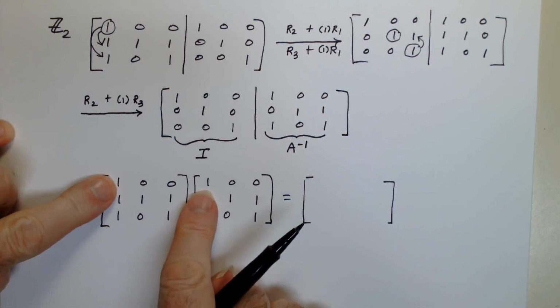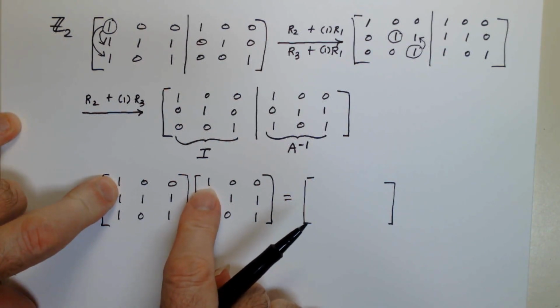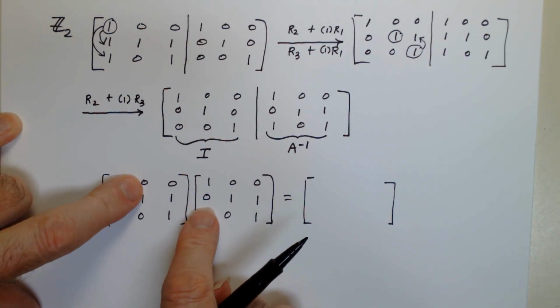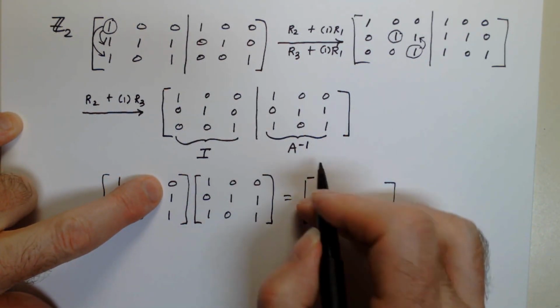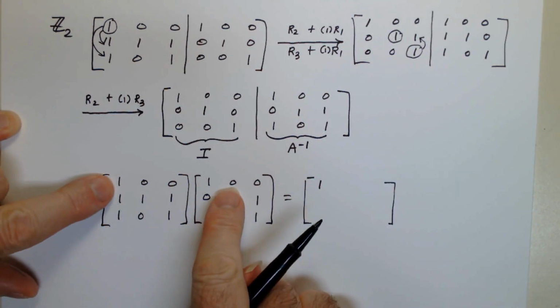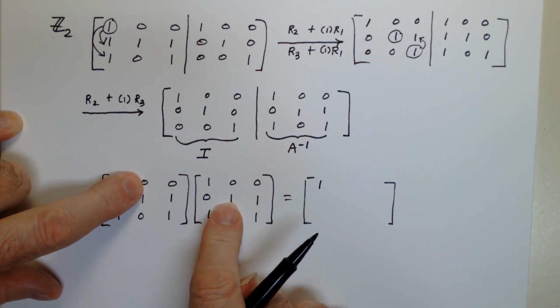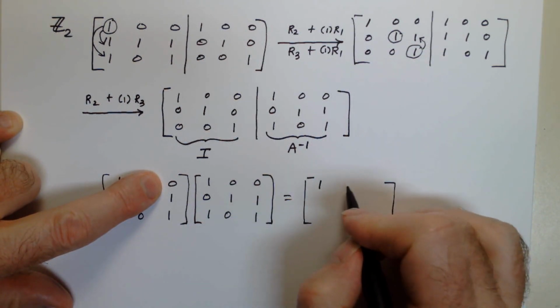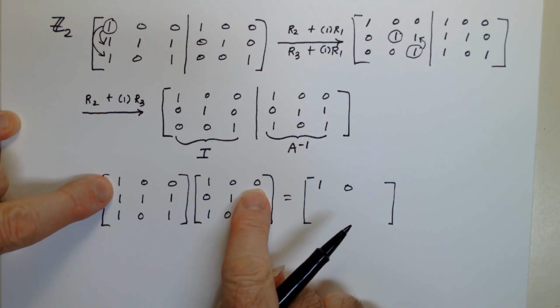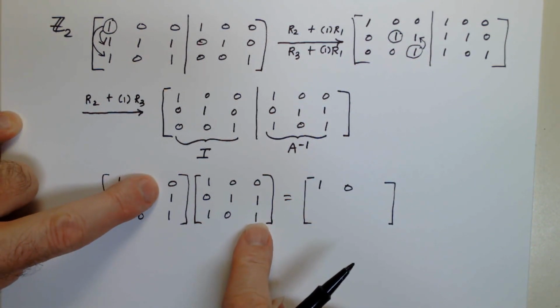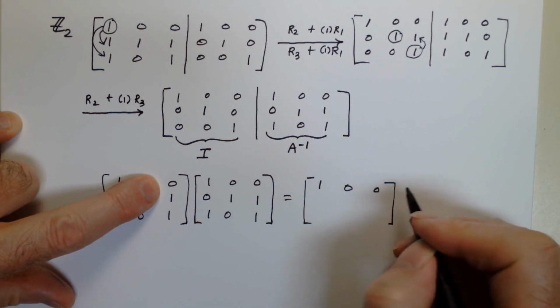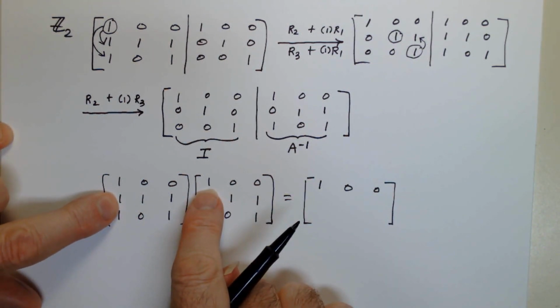Okay, let's do this, some dot products here. Remember, everything is still in the Z2 sense. So that's 1 plus 0 plus 0, that's a 1. 0 plus 0 plus 0. 0 plus 0 plus 0. So far, so good. Let's go on to the second row here.